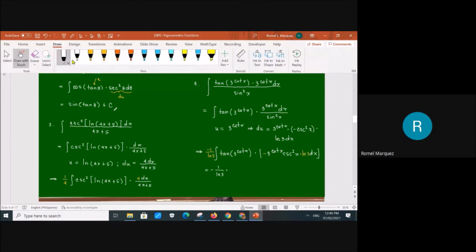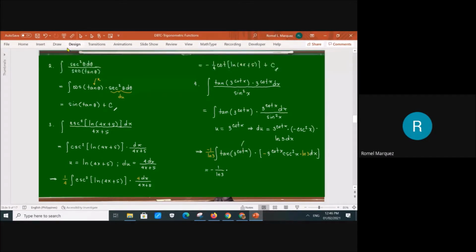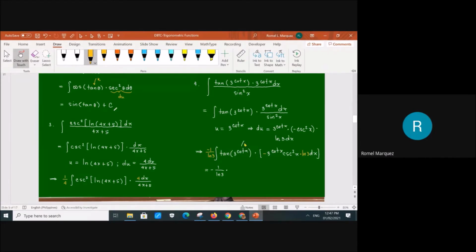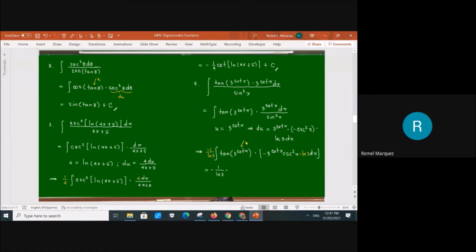Again, this is u, and this is du, right? So the integral of tangent u du.